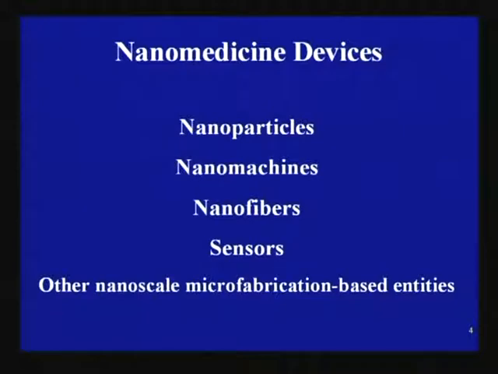And these nanomedicine devices contain nanoparticles, nanomachines, nanofibers and sensors. There are various techniques to form these nanoparticles or nanomaterials. There are two major approaches: bottom up approach or top down approach.